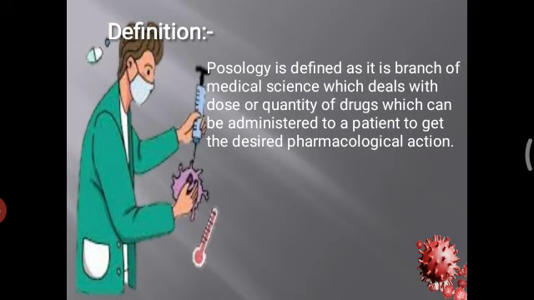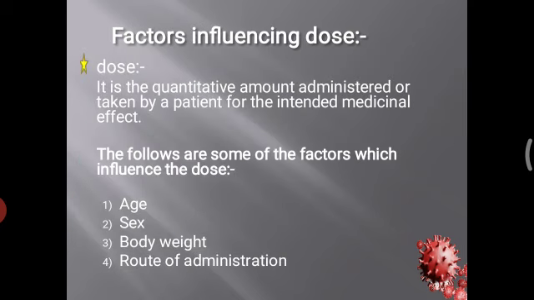Posology is defined as the branch of medical science which deals with dose or quantity of drugs which can be administered to a patient to get the desired pharmacological action. This is the definition.